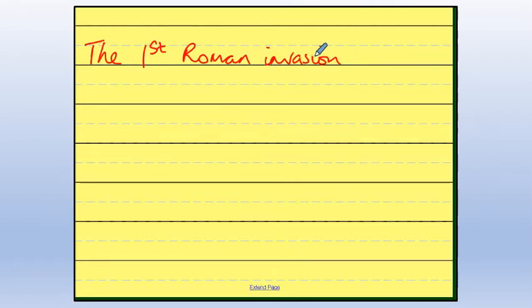It's just my notes. First Roman invasion. Okay, so when did it happen? The first date that we saw was 55 BCE. And it was Julius Caesar who invaded. And he came with 2 legions.